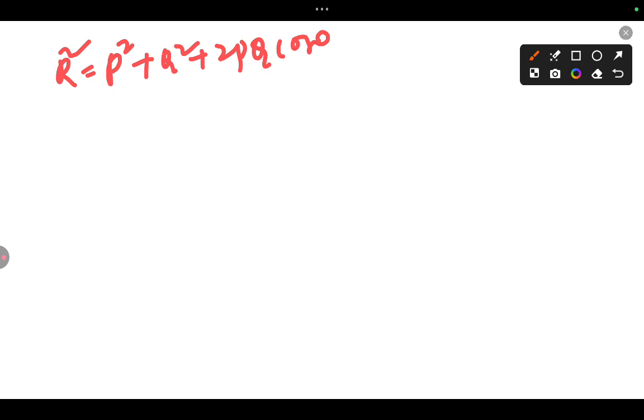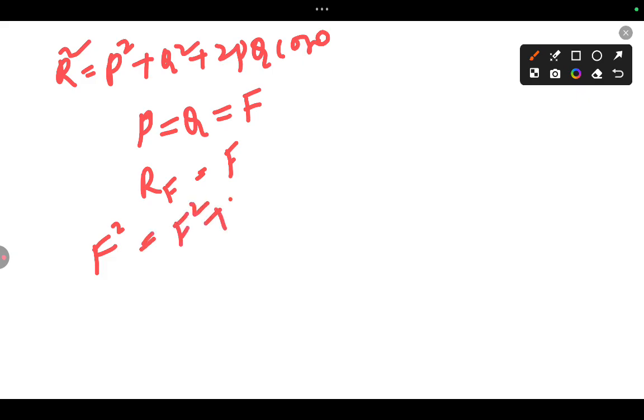From this parallelogram, the question mentions two forces of equal magnitude, that means P and Q have equal magnitude, and the resultant force is equal to the magnitude of individual forces. So the resultant force is also F. Here we can take F square equal to F square plus F square, because they have identical magnitude.